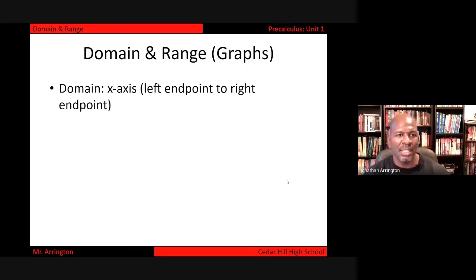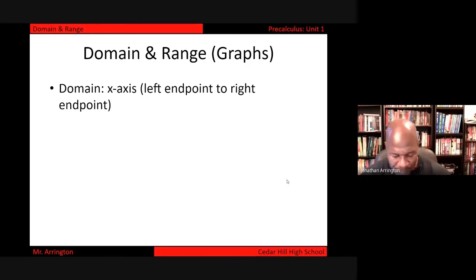That tells you the extent of which you can go. Now, of course, within those endpoints you can have points where the function could not equal a certain number, which you can have open circles for within an interval. That is possible. I'm not going to show that today, but that's definitely possible. But the main thing we're going to look at today are the left and the right endpoints, where the function starts to where the function ends.